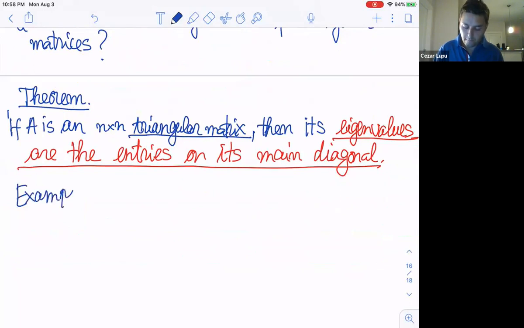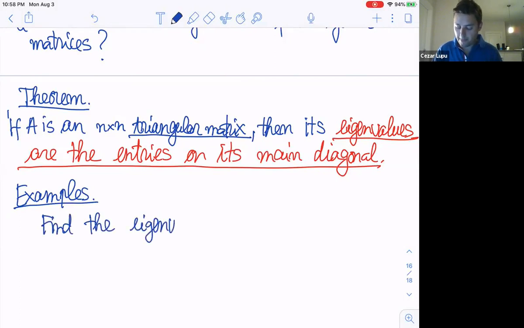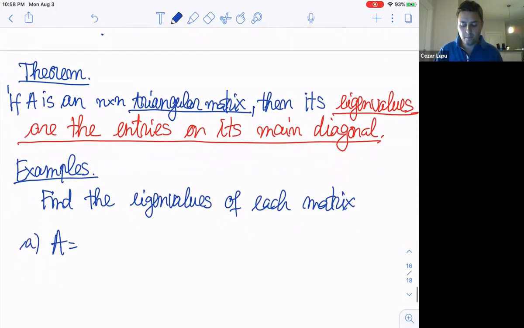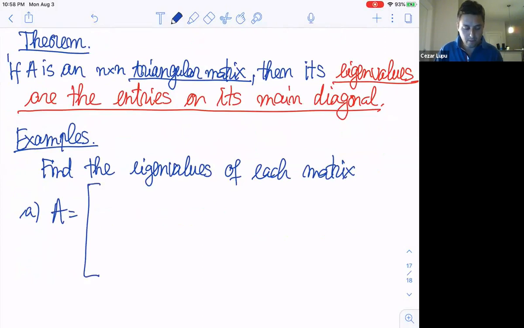Quick examples. The first example I have in mind: find the eigenvalues of each matrix. Let me pick a 3 by 3 triangular matrix.